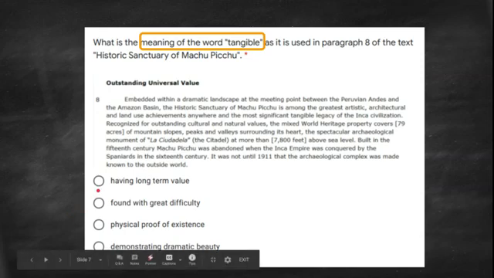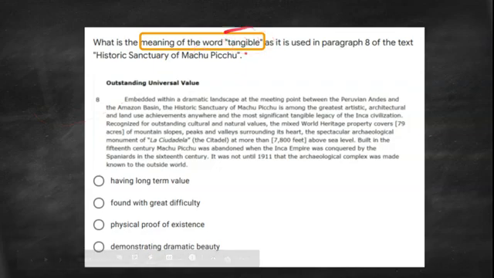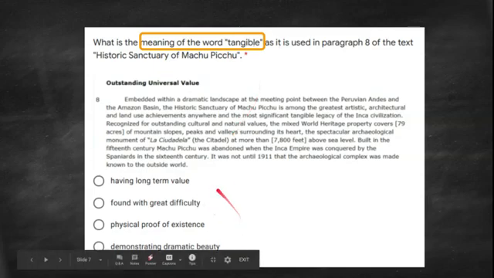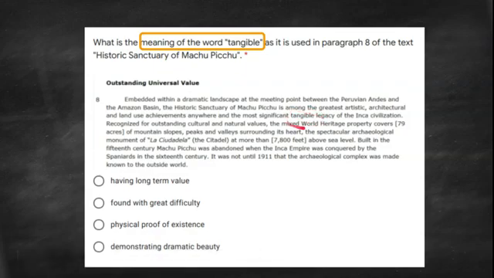Okay, this next one is a vocabulary question, and they want to know, what does the word tangible mean? Now, I already knew what tangible meant, so I was able to figure out down here, okay, well, I know what tangible means. So I was right. But you always want to check. So I located it in the text. It's right here, tangible.